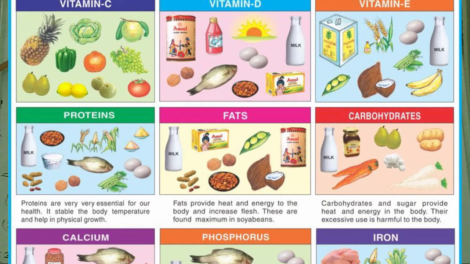And now we are going to the next topic: what tests we perform for a particular nutrient, and what functions that nutrient has for our body. Every nutrient has its particular role, and we have to know that role. Like, from which food items do we get carbohydrates?